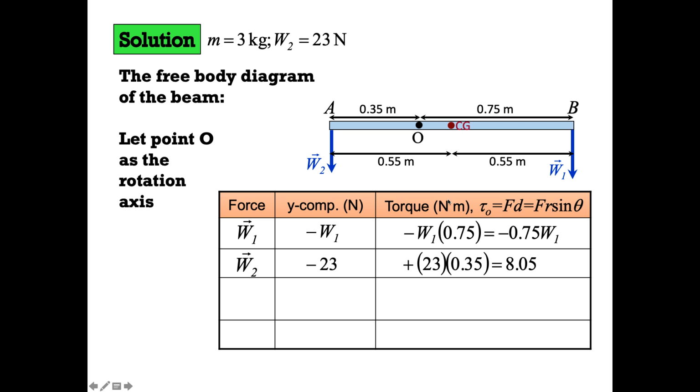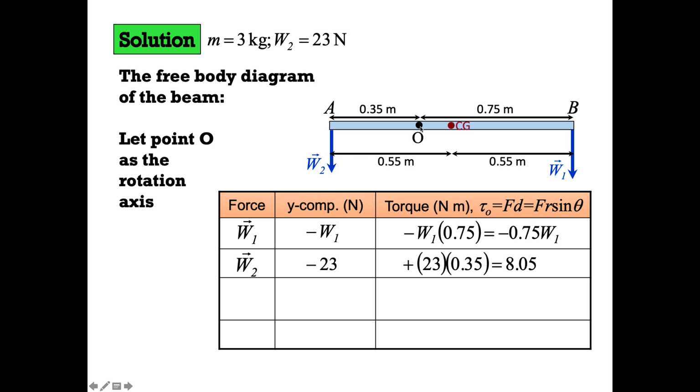For the torque, it is F cross D. Our force is 23, and the distance from the axis of rotation is 0.35. It is perpendicular, so no need to resolve.